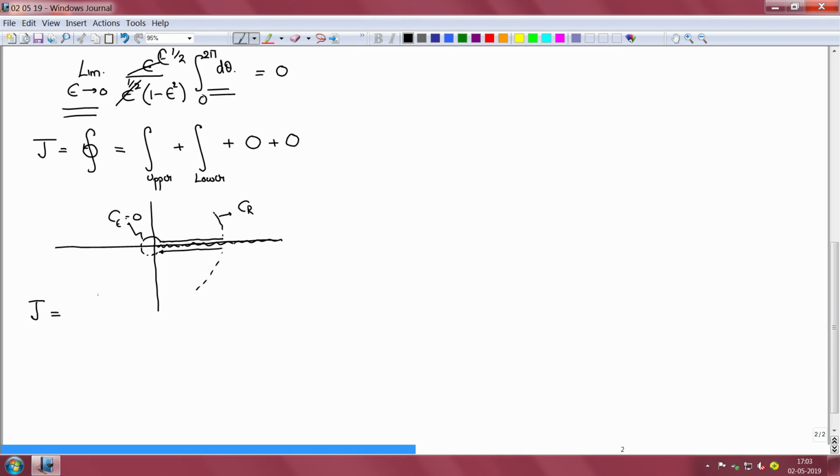Okay. So we now have J is equal to the integral dz over z to the power half 1 plus z square in the upper part plus the integral lower dz over z to the power half 1 plus z square.